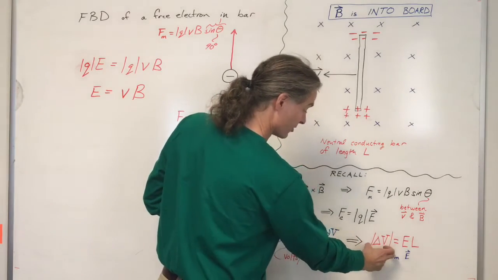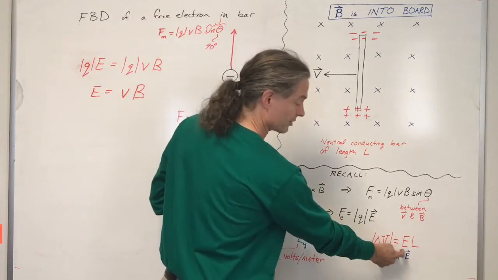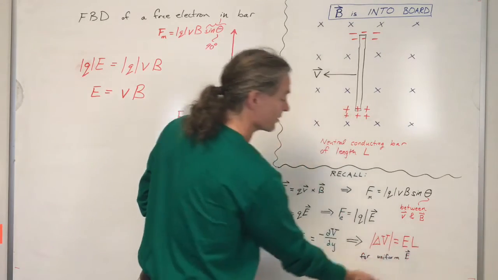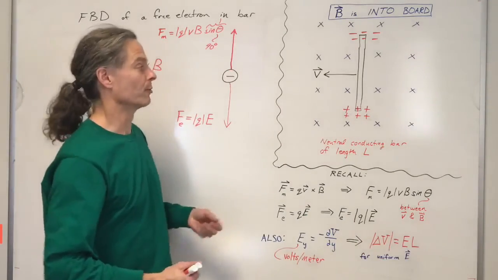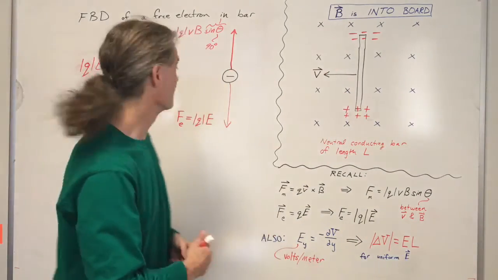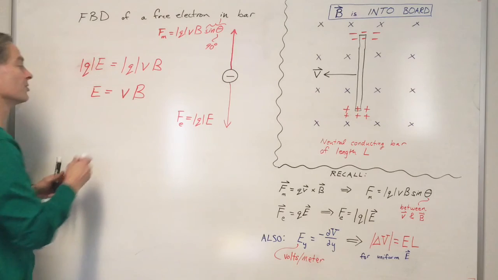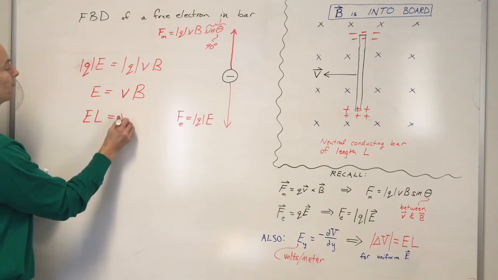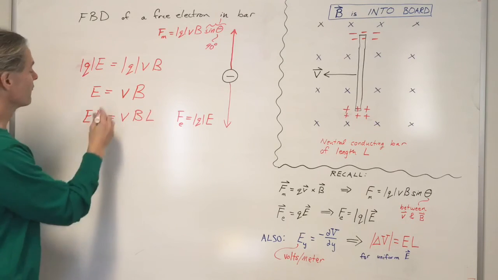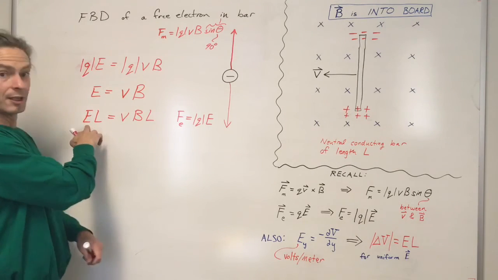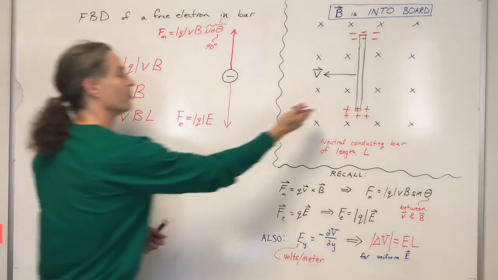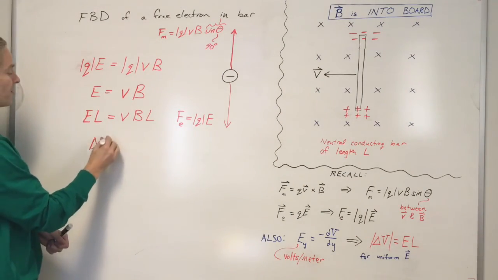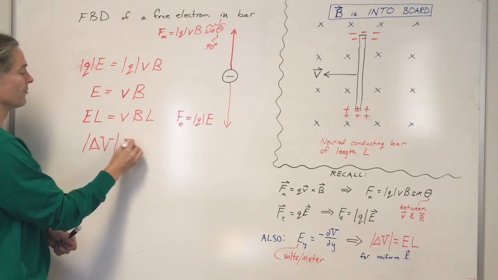So my change in electric potential in volts will be the electric field in volts per meter multiplied by my length in meters, assuming I've got a uniform electric field, which we'll assume is the case in here. So I'm going to multiply both sides of this equation by the length of the bar. And finally, the electric field in volts per meter multiplied by the length of the bar in meters would give me the difference in electric potential in volts.